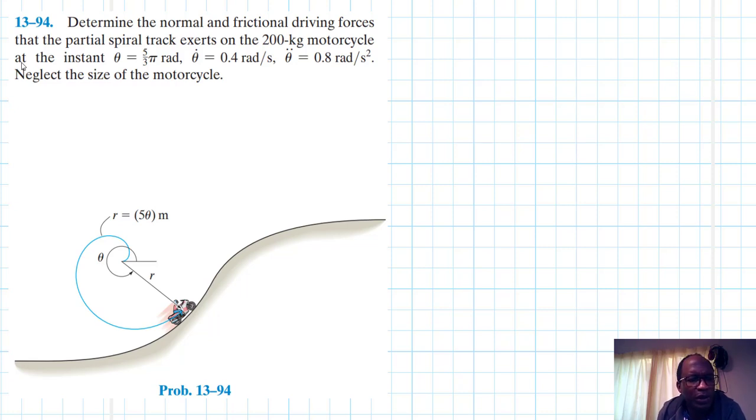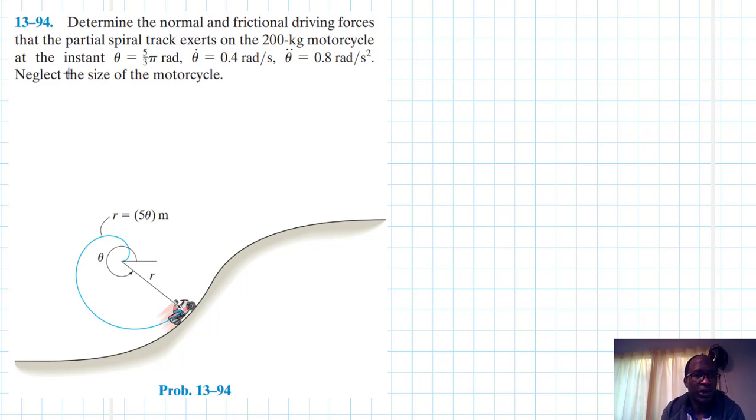The problem reads: determine the normal and frictional driving forces that the partial spiral track exerts on the 200 kg motorcycle at the instant theta equals 5/3 pi rads, theta dot equals 0.4 rads per second, and theta double dot equals 0.8 rads per second squared.